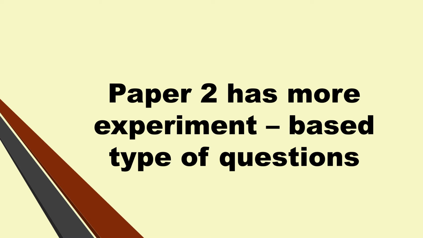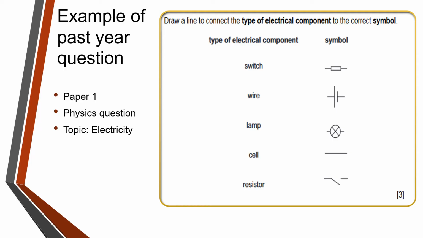The difference is paper 2 has more experiment-based type of science questions. Now, let us have a look at some examples of past year questions for Cambridge Checkpoint Science Year 6.